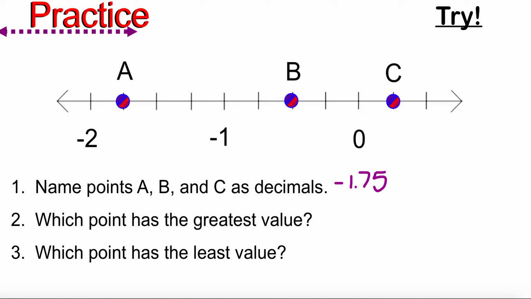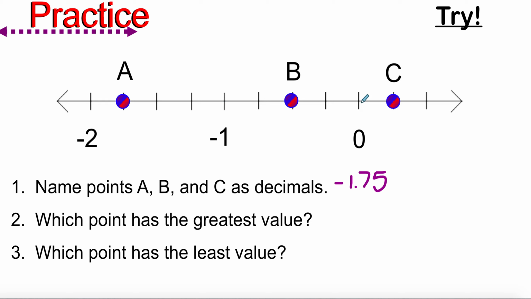And point B, I'm just going to talk about. Point B is going to be negative 0.50. As you see here, it's between 0 and negative 1.